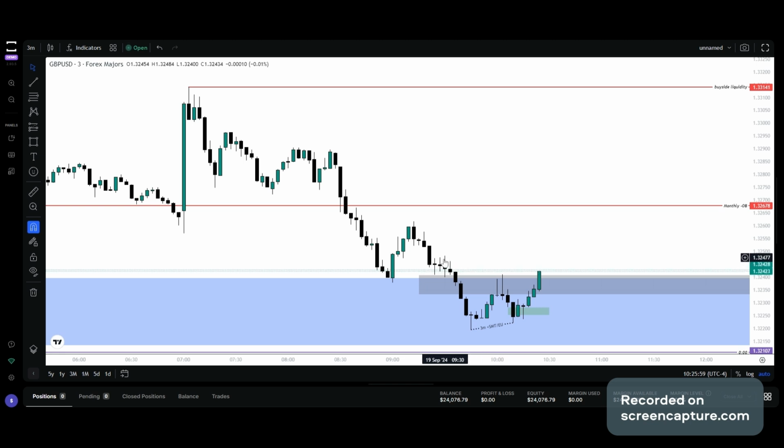This short-term high, the 9:30 candle. See a displacement above it, a fair value gap, and then I'd go long. I don't need a 15-minute simply because we got this 3-minute SMT here, so I don't expect price to draw lower.